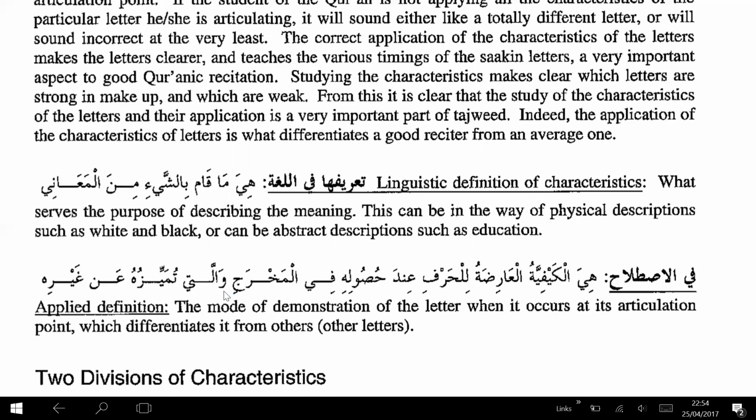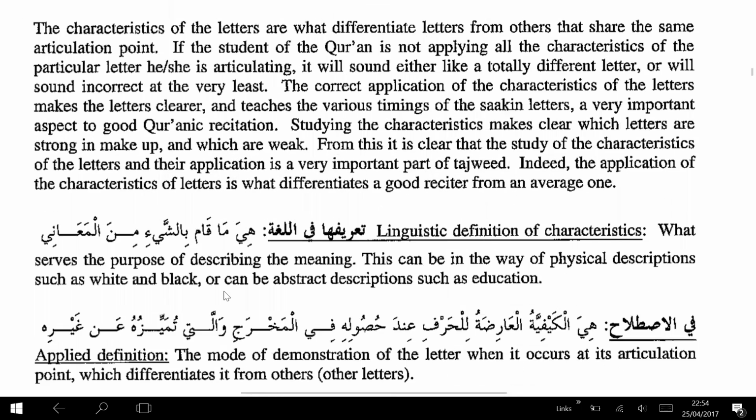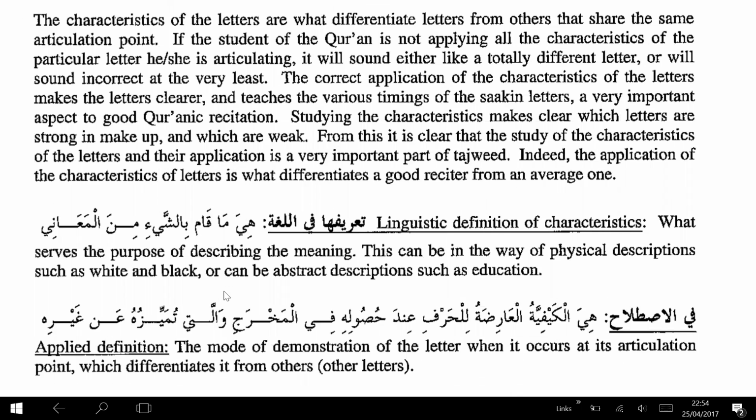So one thing would be something that describes the meaning, and that is the definition of sifat al-huruf. Linguistic definition of characteristic. What do you mean by characteristic? One is the character of the person, which shows you the meaning. It can be what you can see or what you cannot see.